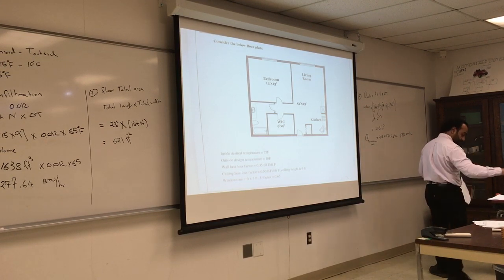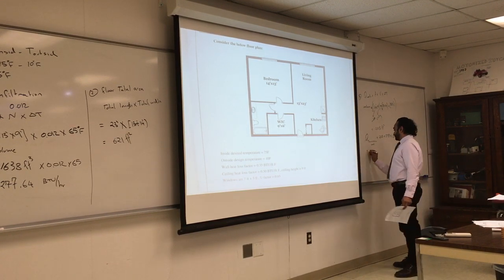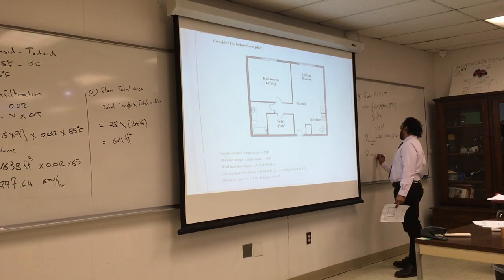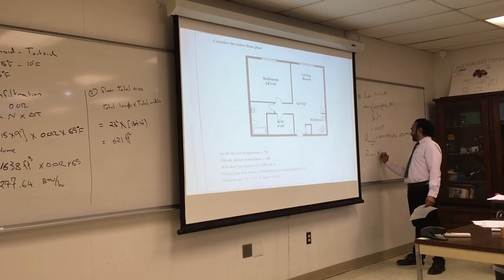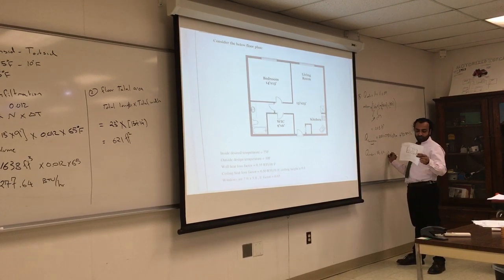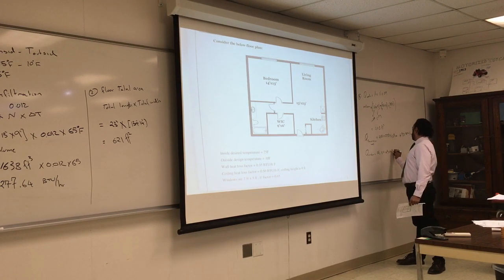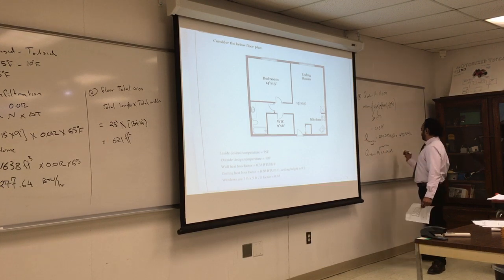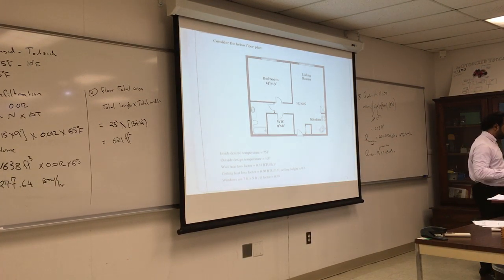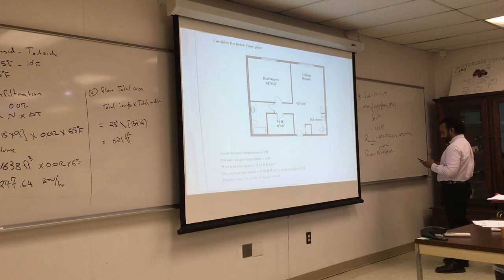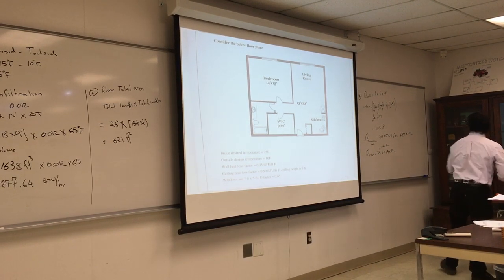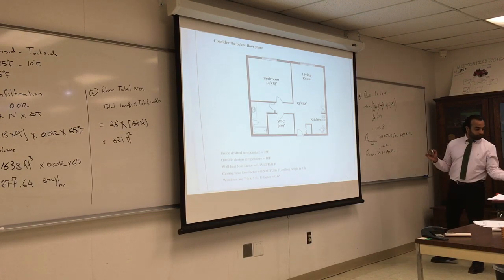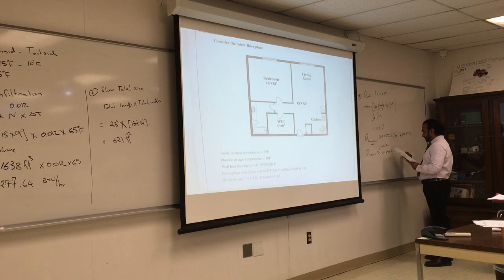Okay, what about the window? What is there in the window? 35, 6.5. Same delta T. $478.75.